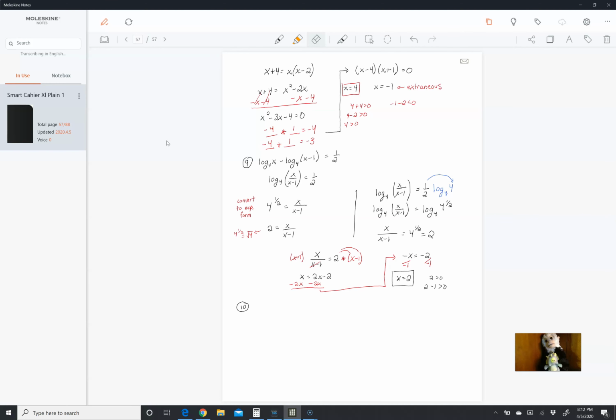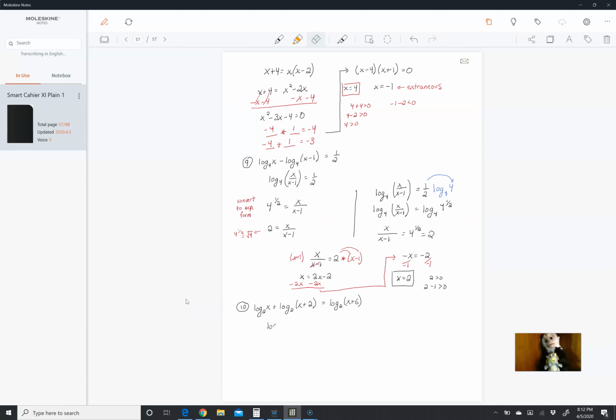So what we have is log base 2 of x plus log base 2 of x plus 2 equals log base 2 of x plus 6. Hopefully you are becoming an expert at these now. Okay. So again, we have 2 logs on one side, so we have to condense.